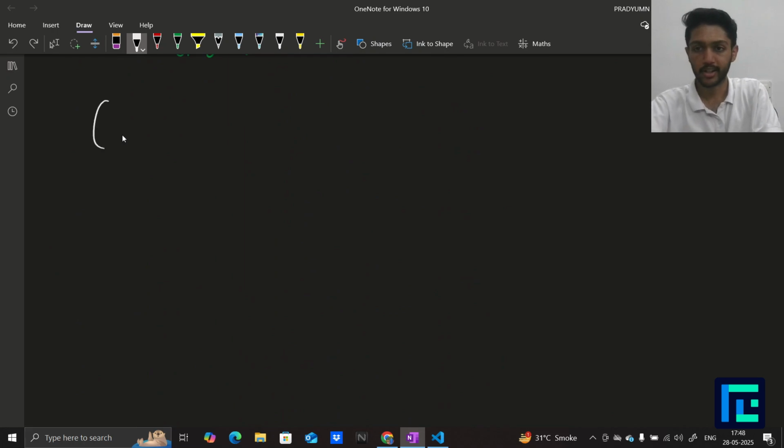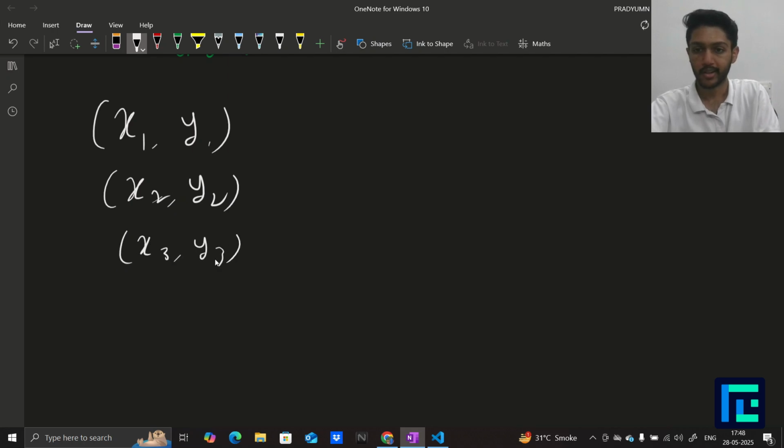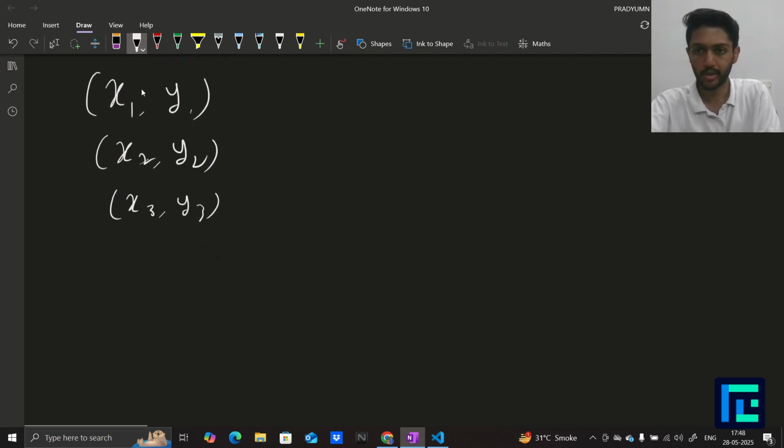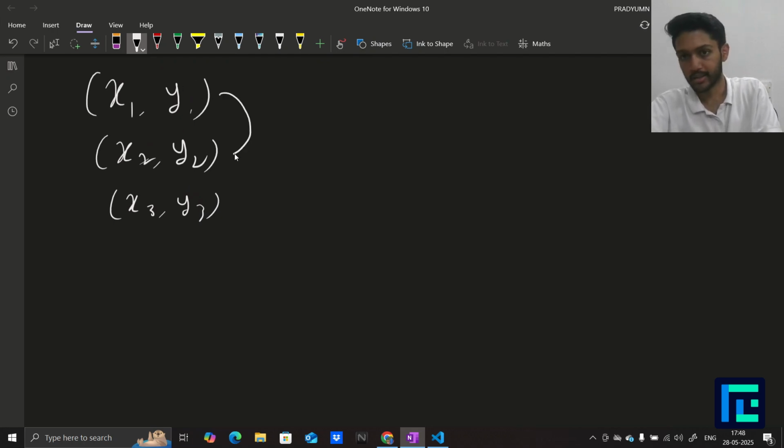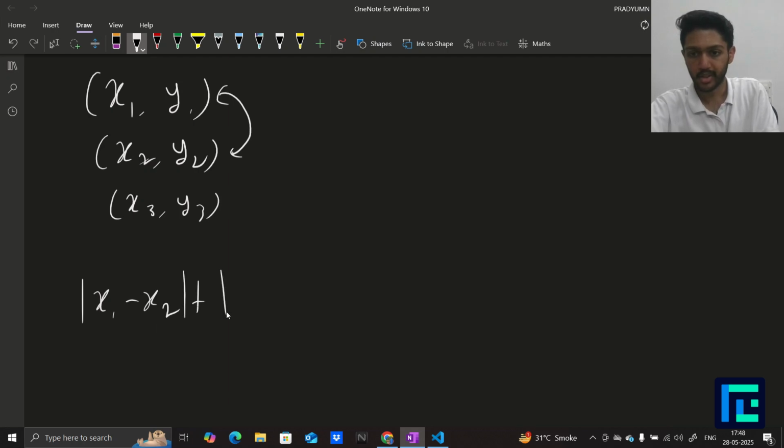Their coordinates are x1, y1, x2, y2, and x3, y3, right? So what you will do is you will find out the sum for all the pairs. So let us write that. For this pair, the distance is mod of x1 minus x2 plus mod of y1 minus y2, with absolute value, of course. So this is the first pair.